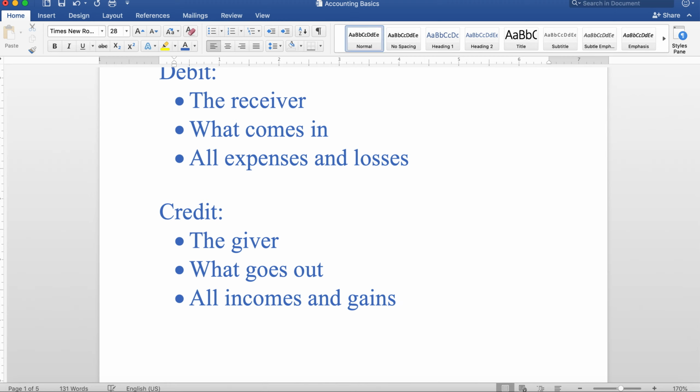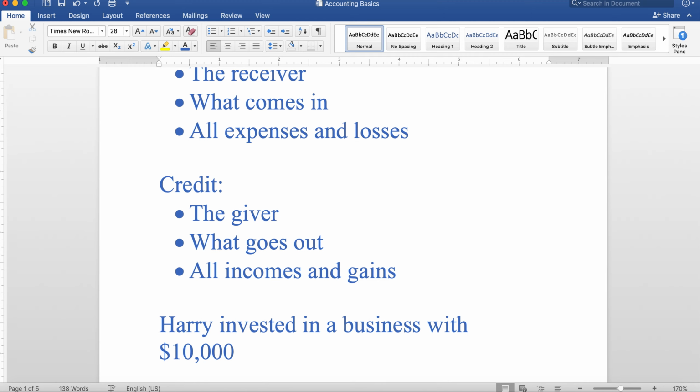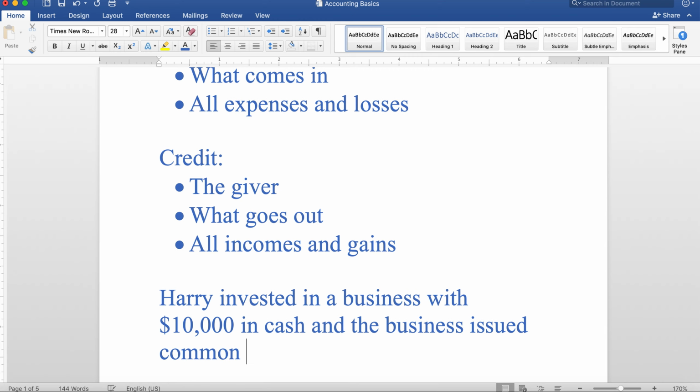So now let's go to some of the examples. Harry invested in a business with $10,000 in cash, and the business issued common stock.